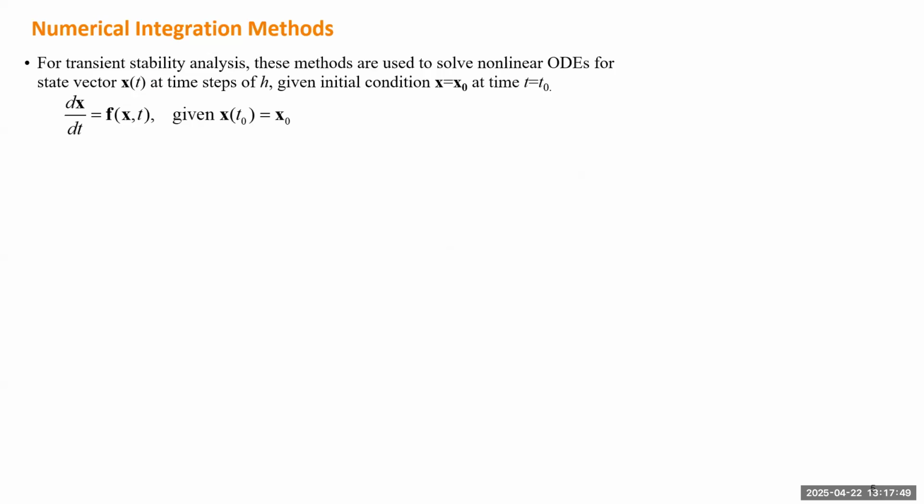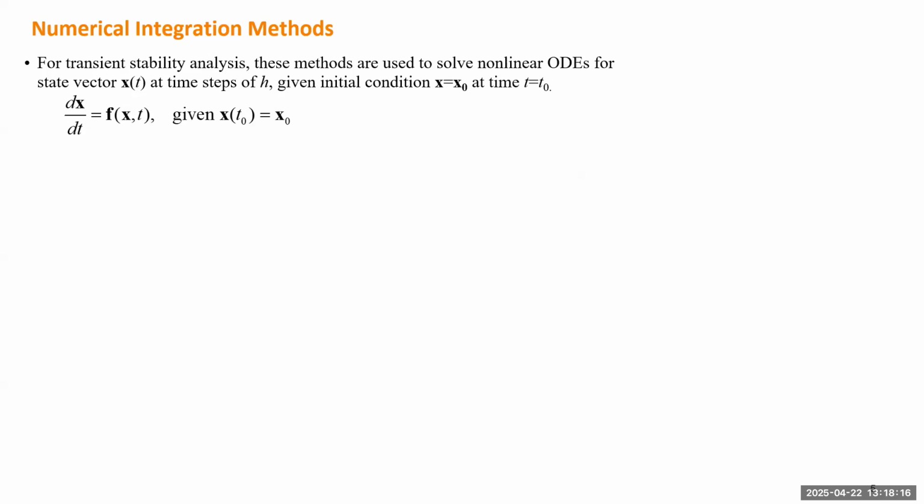Okay, let's talk about the numerical integration method for transient stability analysis. Let's consider solving the nonlinear ODE first. Later, we'll talk about how to solve the algebra equation. Such numerical integration methods are designed not just for power systems, but for simulating any nonlinear system.